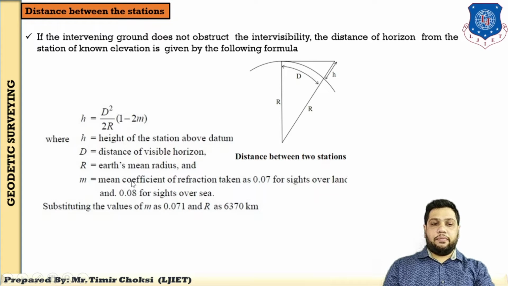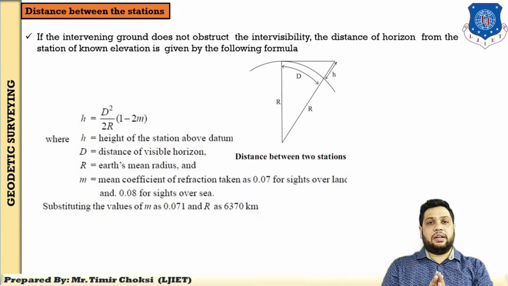So m means the coefficient of refraction. There are two coefficients. When the line of sight is over the land, the m value is 0.071. When the line of sight is over the sea, the value of m is 0.08.